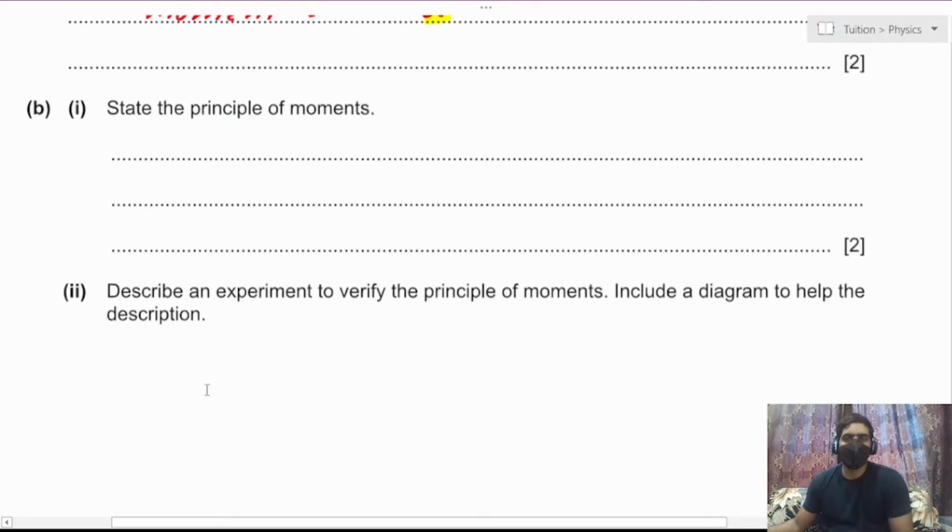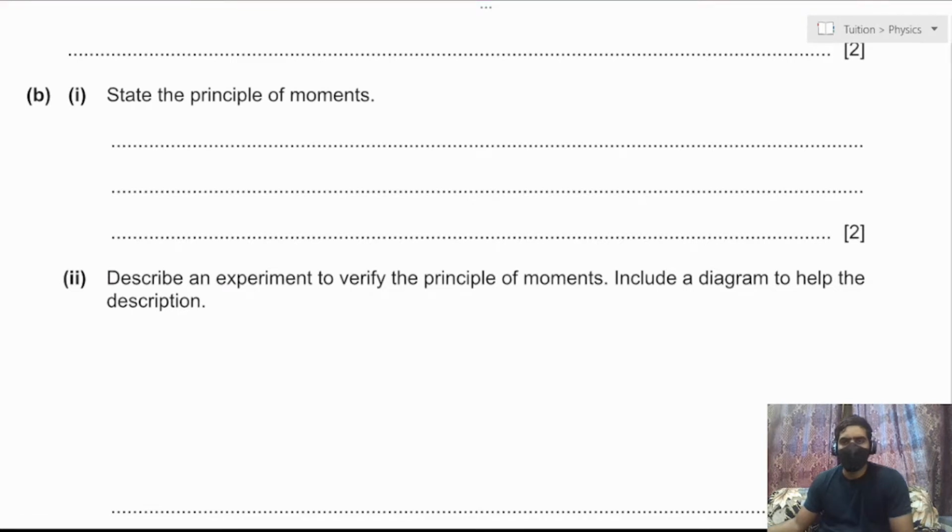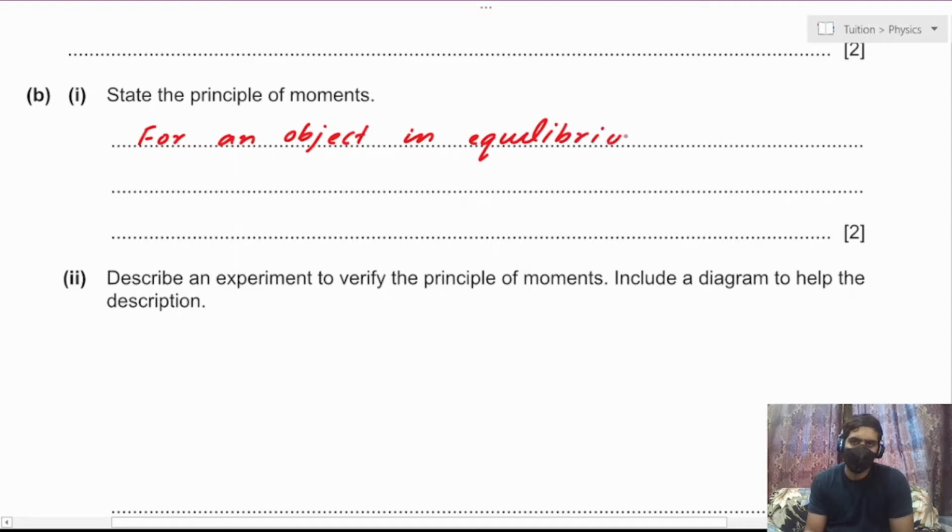State the principle of moments, right? A theoretical one, again, should be aware of it. We can't afford to lose marks in a question like that. So for an object in equilibrium, the sum of clockwise moments equals the sum of counterclockwise moments.